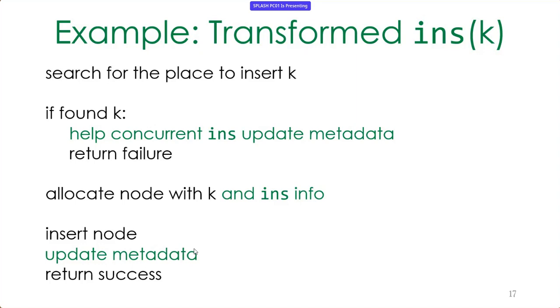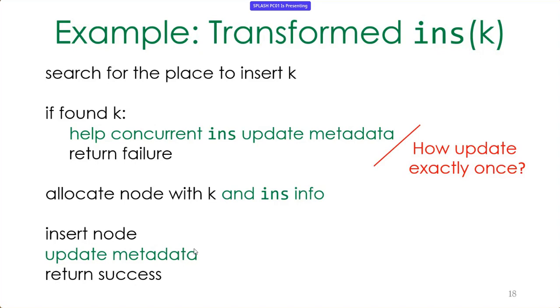All right, now something we need to take care of here is the following. Because we enable help, multiple threads might run concurrently and try to update the metadata on behalf of the same operation. And in this case, we need to make sure that the metadata actually gets updated on behalf of this operation, and that it gets updated only once and not more than this.